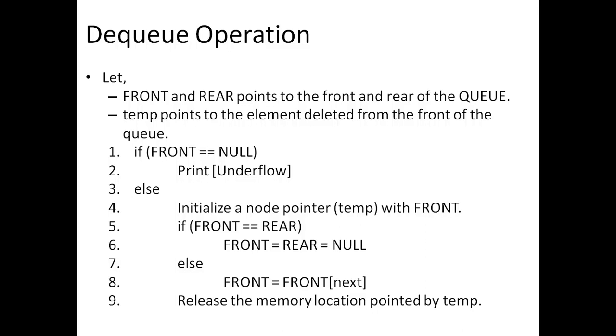Otherwise, the front pointer will only be updated. And lastly, the node which is pointed to by the front pointer initially has to be deleted. Here we have used a temp pointer that is initialized to the front pointer at line number 4, and then the same memory is released at line number 9.